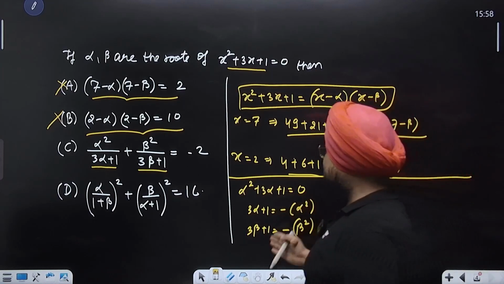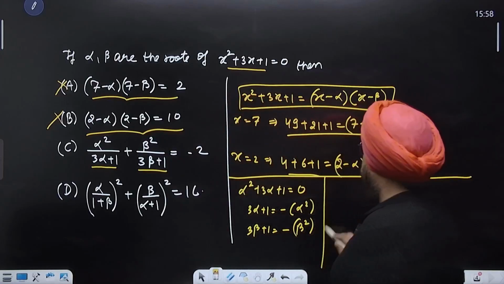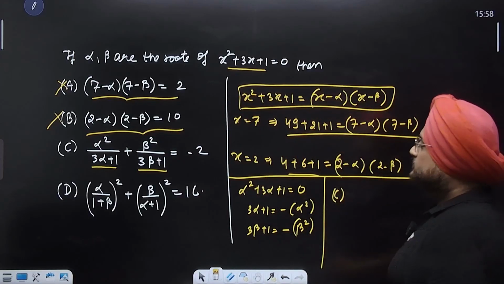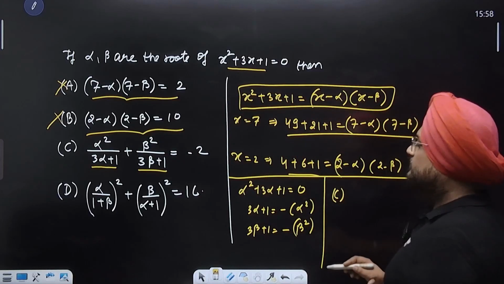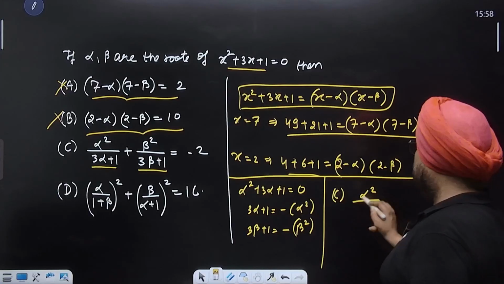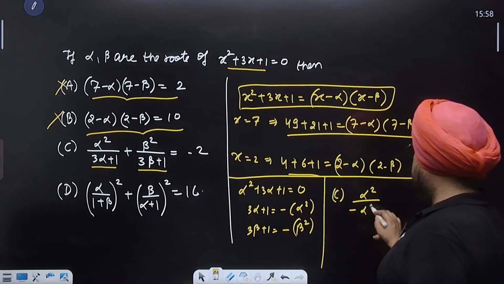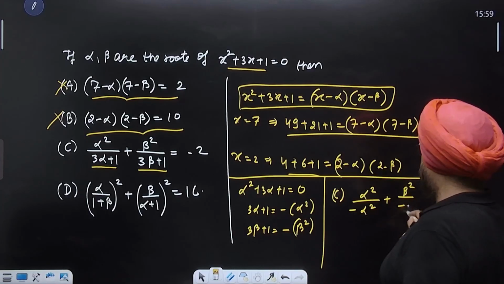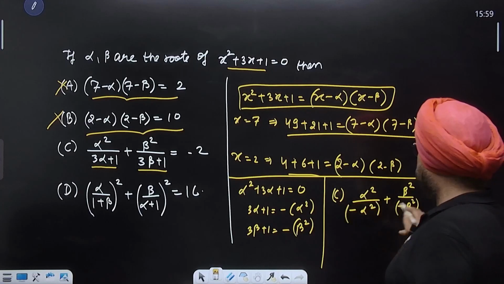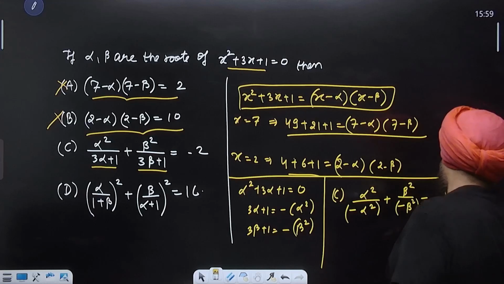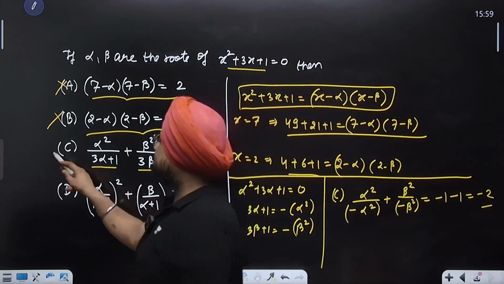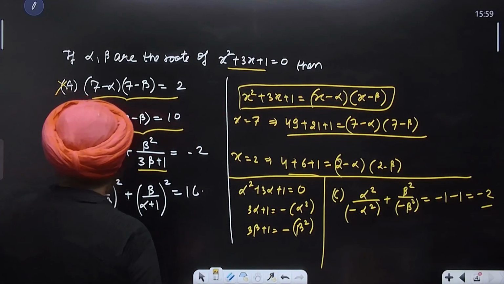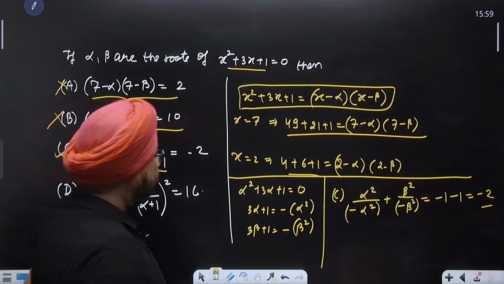So why not put these values in option C itself? So the LHS of option C becomes alpha square upon 3 alpha plus 1, that is minus alpha square, plus beta square upon 3 beta plus 1, that is minus beta square. So this is quite easily done, option C is the correct answer, minus 2. Let's check option D also.